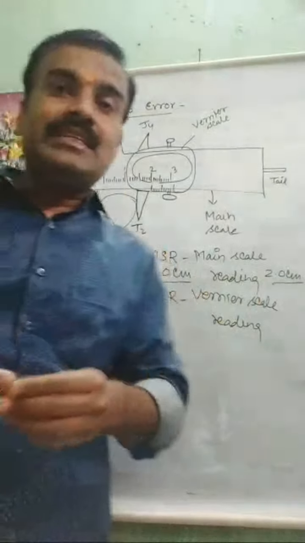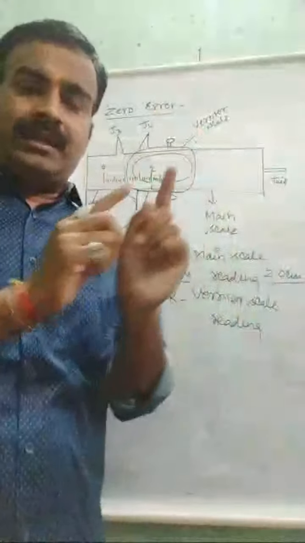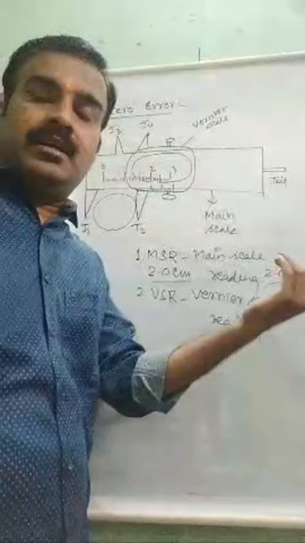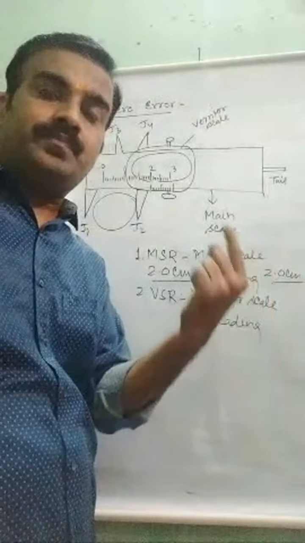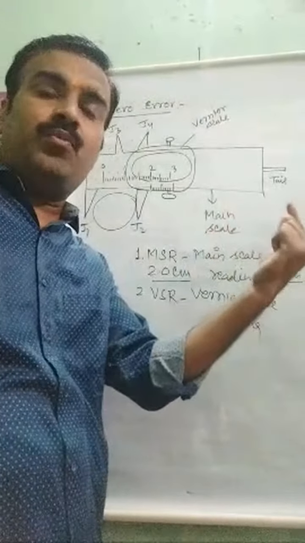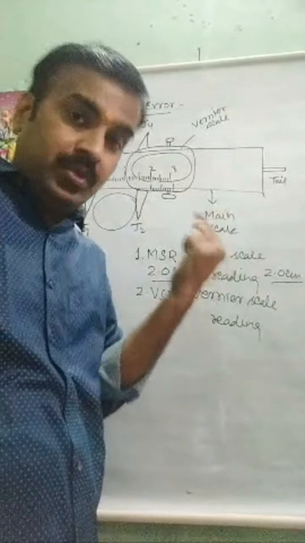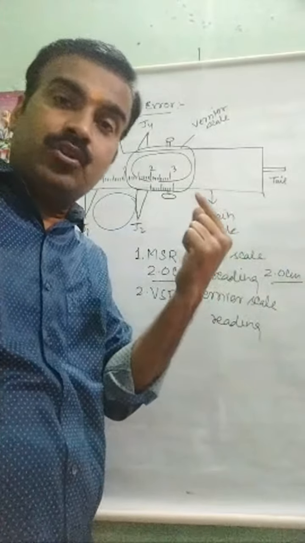And if it is not exactly coinciding, suppose it is coming in between 2 and 2.1, then write the previous one, 2 centimeter. Don't write 2.05.